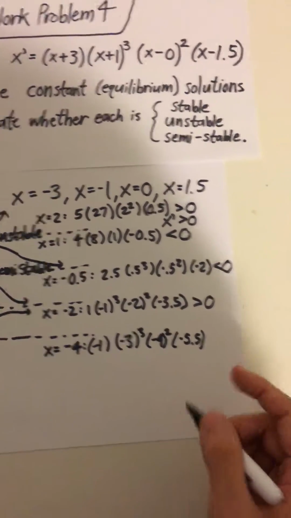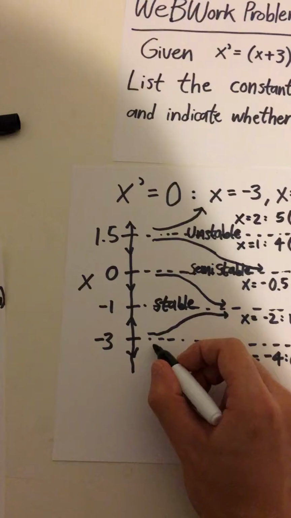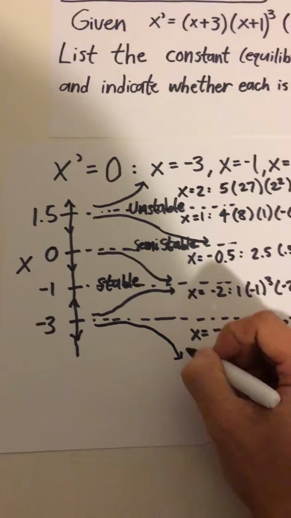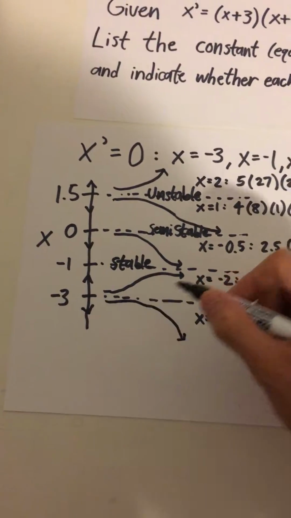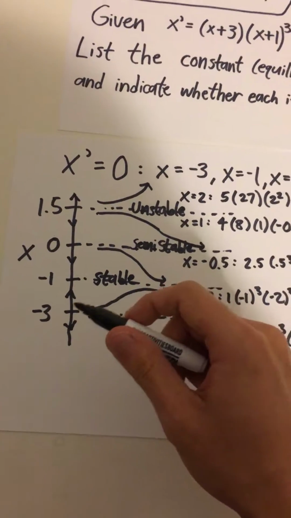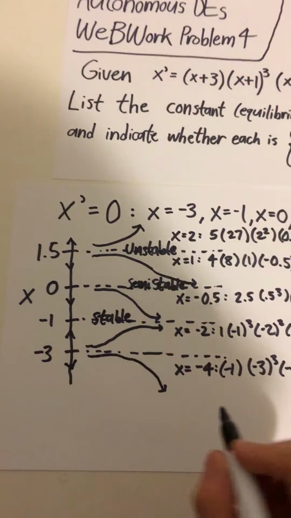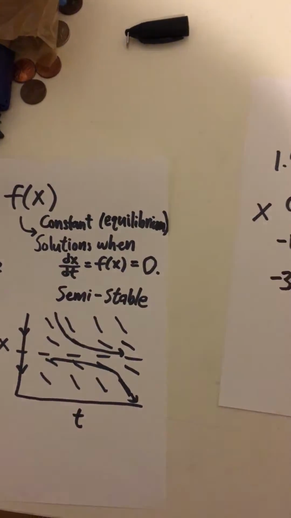So we have 3 negatives, and they'll give us a negative. If our derivative is negative, then our function is going to be decreasing. You can see here that at x equals -3, the values are diverging away from it. Above, the derivatives are going to be positive, and below x equals -3, the derivatives are going to be negative. So we're diverging, which matches this case right here, and we get an unstable equilibrium.